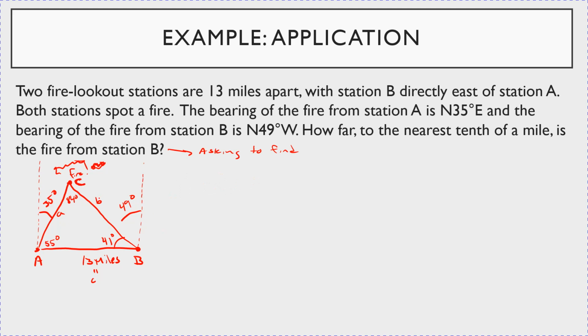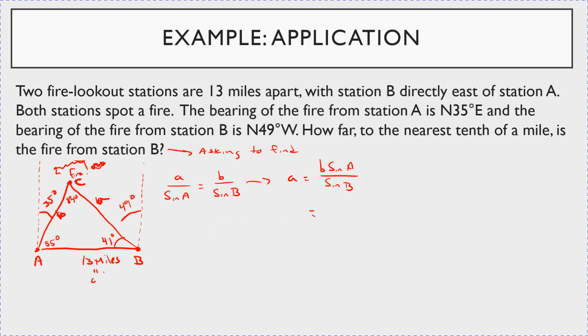It's asking you to find a. So even I set this up wrong. Sorry about that. So it's a over sine of A is equal to b over sine of B. I did that on purpose to see what was happening here. So a is equal to b times sine of A all over sine of B. Sorry about that, everybody. I had my little letters mixed up here.